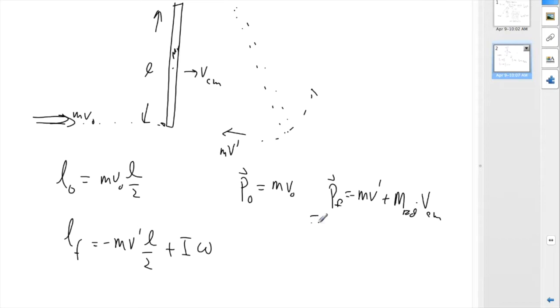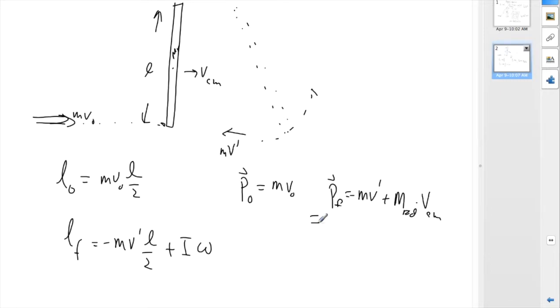And these two are going to be equal. So from that, I can calculate the velocity of the rod, its translational velocity, and also its angular velocity. Typically, they'll tell you V final is equal to some number, say it comes back with half the velocity or something like that.